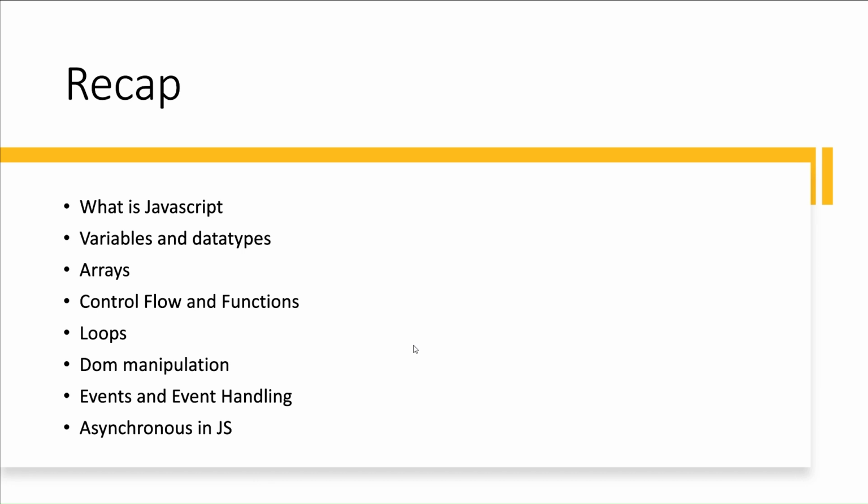Other than this, we have covered DOM manipulation. In DOM manipulation, we have worked with adding elements and changing the elements' style. We have worked with events and event handling by hovering over with the mouse or clicking the button. Other than this, we have also seen asynchronous JavaScript with the help of promises, setTimeout, and fetching an API. So that's the end of this crash course.